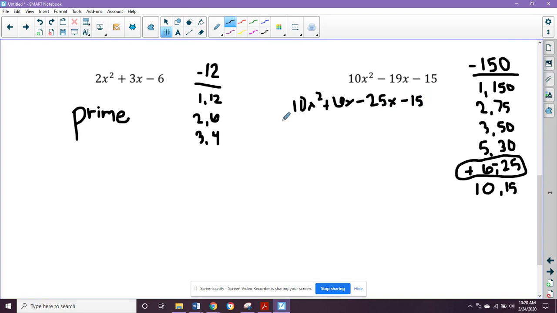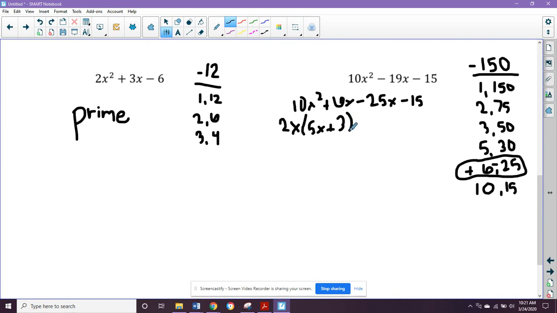Factor by the greatest common factor of the first two terms. And that's going to be 2x, and then what are we left with would be 5x plus 3.